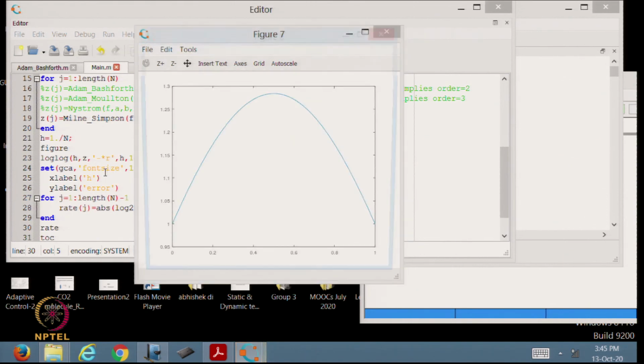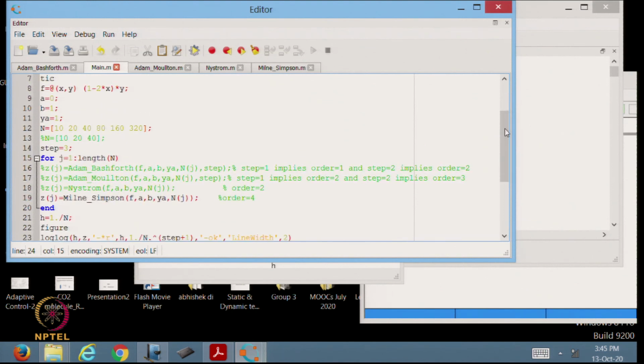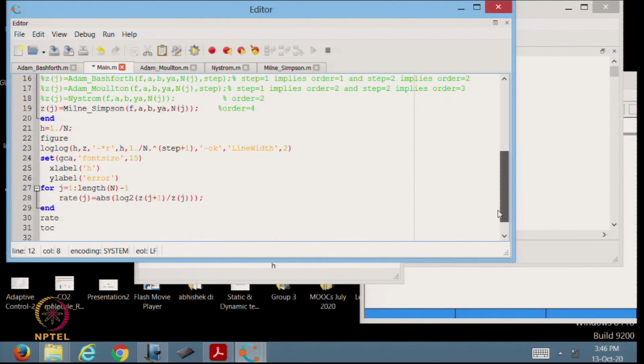Okay. Why are these different figures coming? Because I am choosing different n. So, let us work out for a particular case where I am achieving the maximum error. So, this is basically 320, and I have chosen only one, so rate will not make any sense, and your code will stop here.